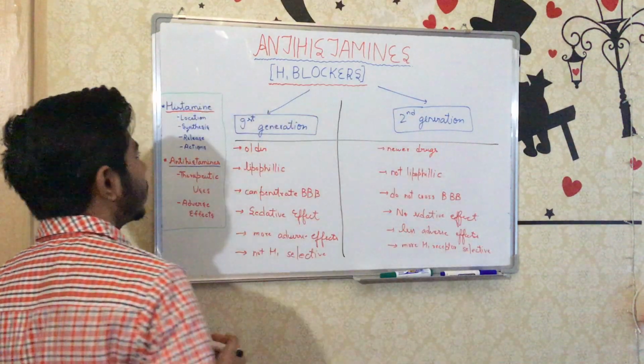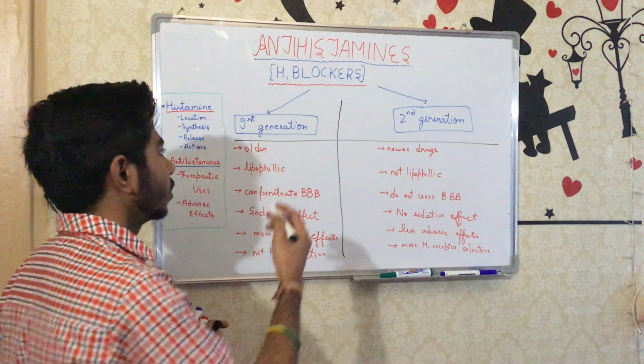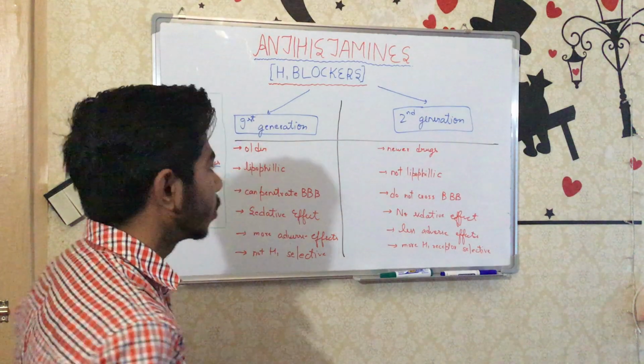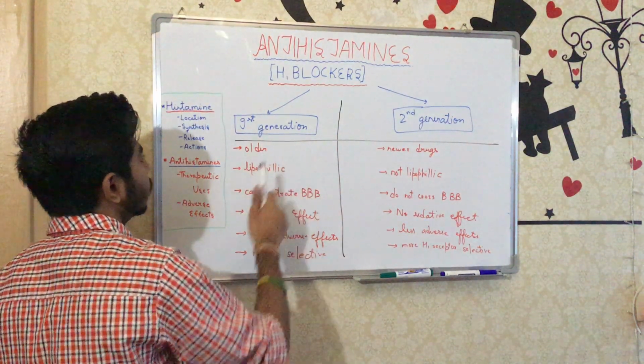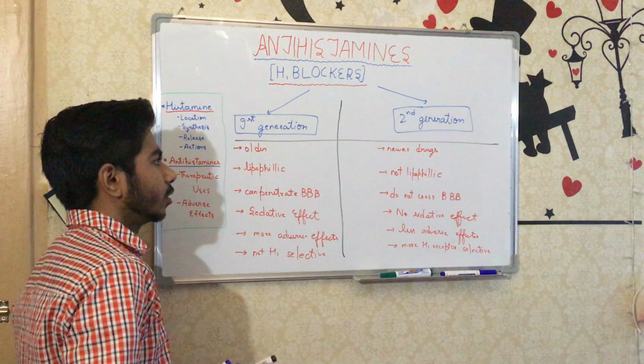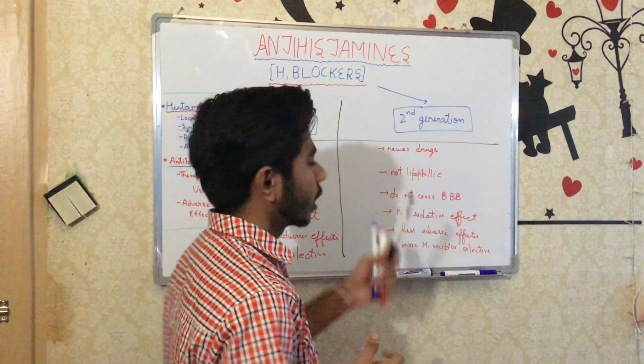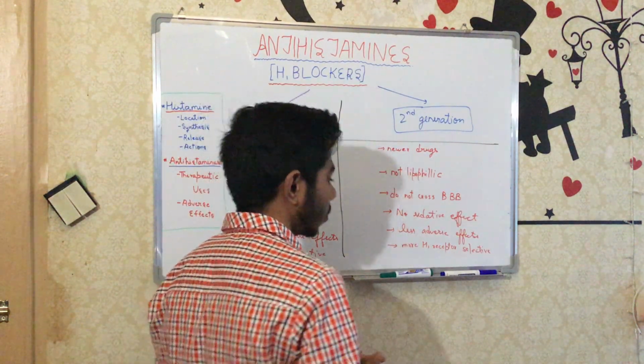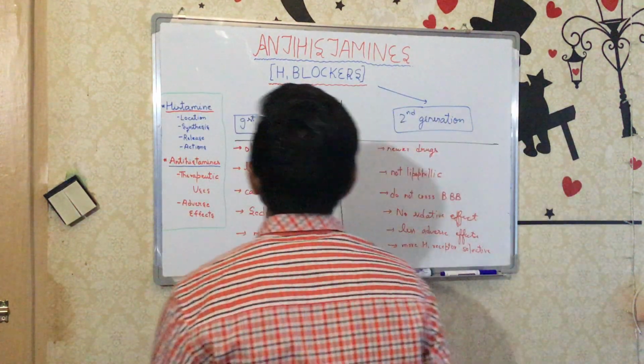Now let's talk about the examples of first generation drugs and second generation drugs, that is, what drugs are included in the first generation and what drugs come under the second generation H1 blockers.